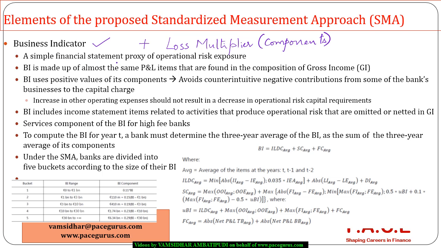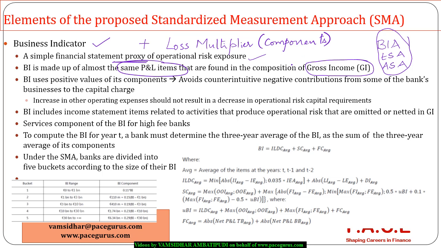The business indicator is a simple financial statement proxy which highlights the operational risk exposure. Almost all the items that are there in the P&L are included. If you remember, the basic indicator approach, the standardized approach, and even the alternative standardized approach, which are used to compute the operational risk capital, were based on the gross income, right?